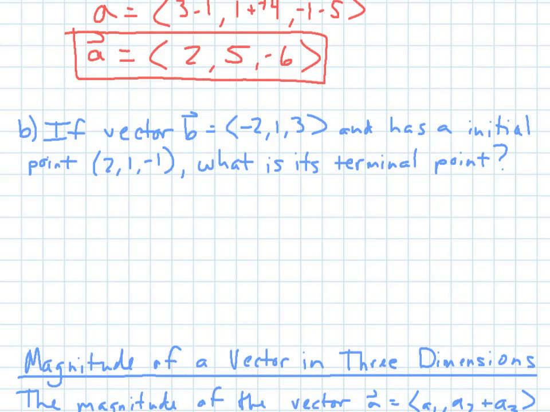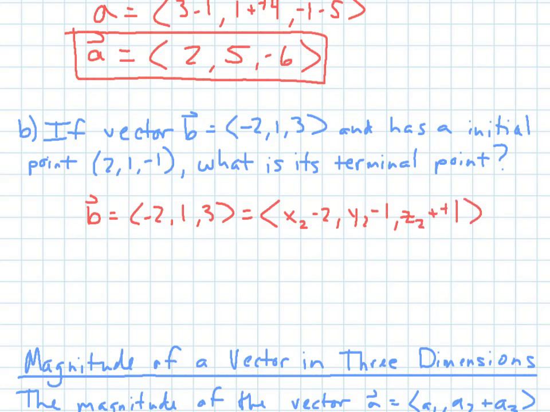If vector B has the component form negative 2, 1, 3, and has an initial point of 2, 1, negative 1, and we want to find the terminal point, then usually you would take the subtraction. So vector B is supposed to equal your terminal point minus the initial point: x2 minus 2, comma, y2 minus 1, comma, z2 minus a negative 1.